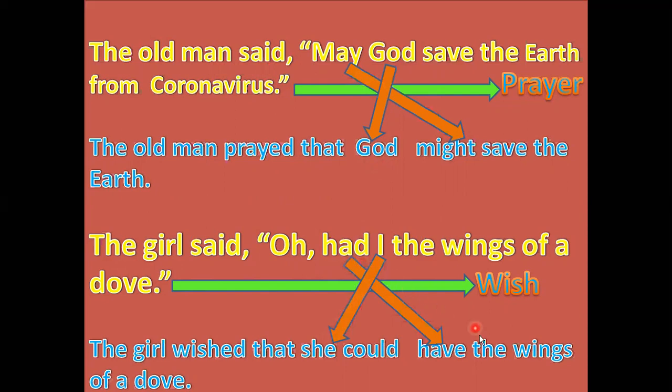And this had is becoming have because it precedes could. Why could? The reason is this is a kind of wish. I hope these examples will give you a better understanding, and you will be able to change direct and indirect speech with more confidence.